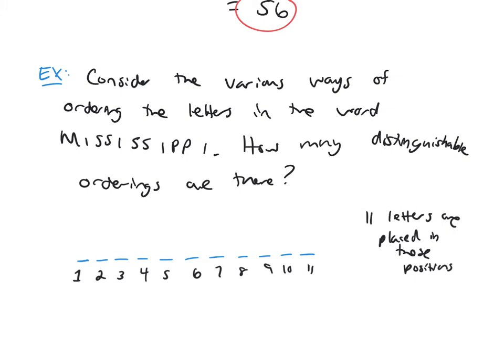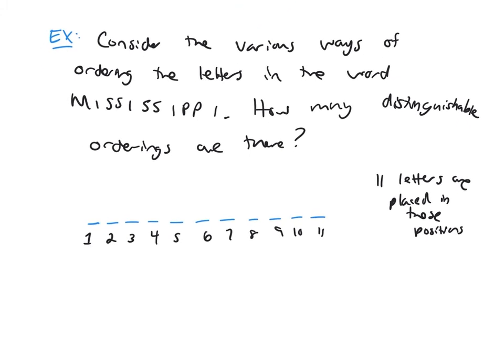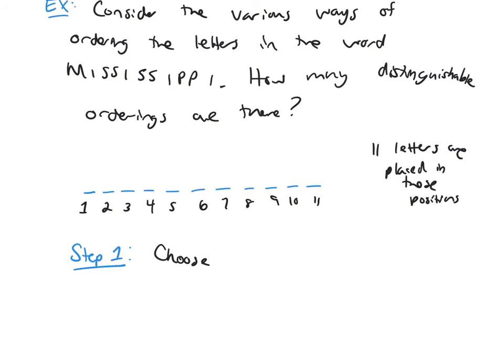And so we're going to break this down into a step-by-step process like we've done on some other problems. So step 1, the first thing you're going to do is choose where the S's are going to go. There are 4 S's, so you're going to choose a subset of 4 positions for the S's. So you're going to place the S's down.